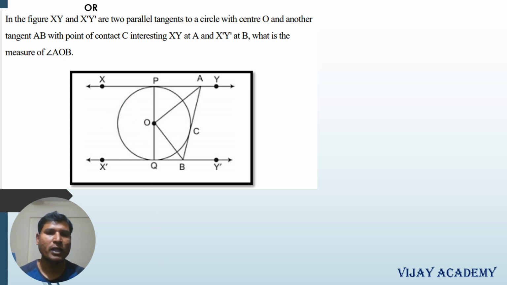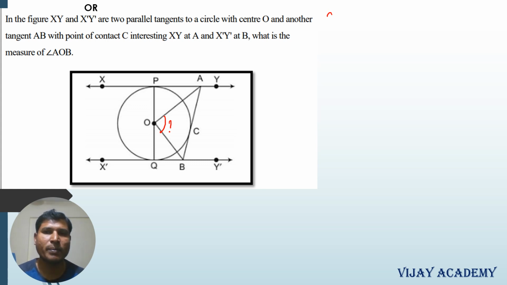Now we need to find the measure of the angle AOB. To find it, let us do some construction. So you are supposed to write the given and to find.